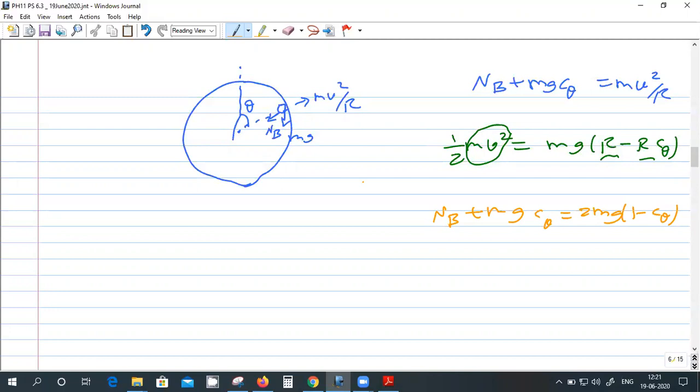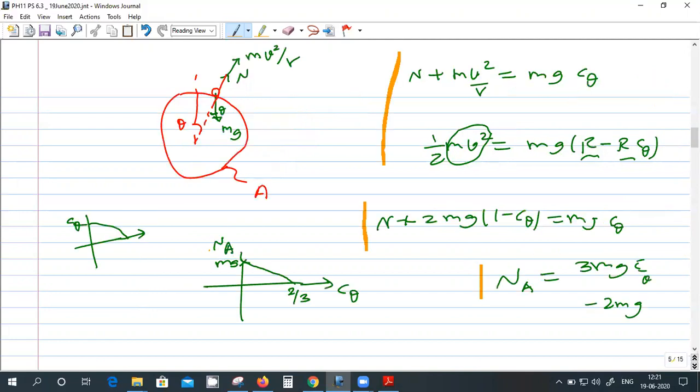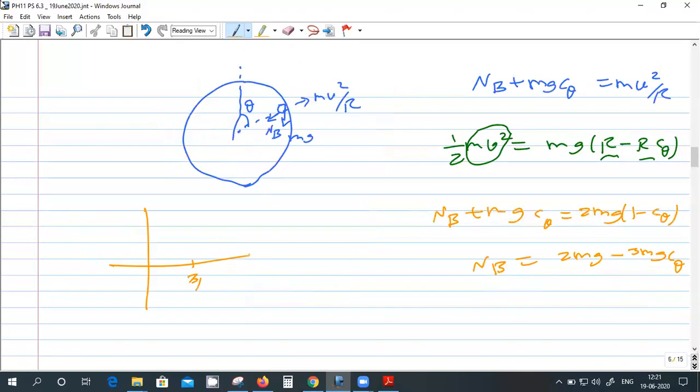So 2mg minus will become 3mg, right? So this plot is up to this value of theta, that is 2/3, right? Okay.